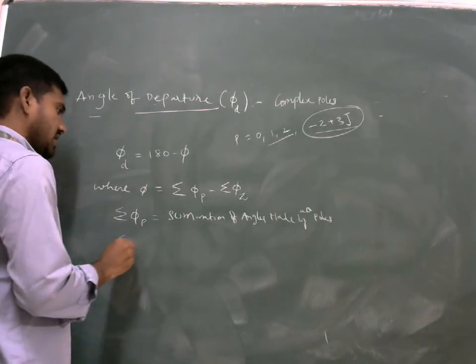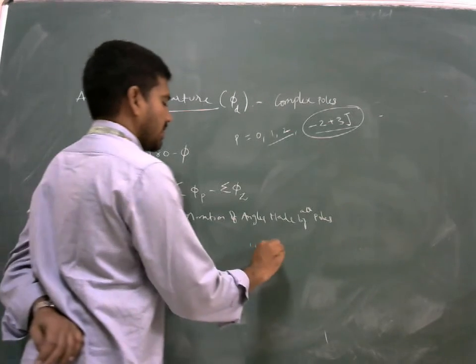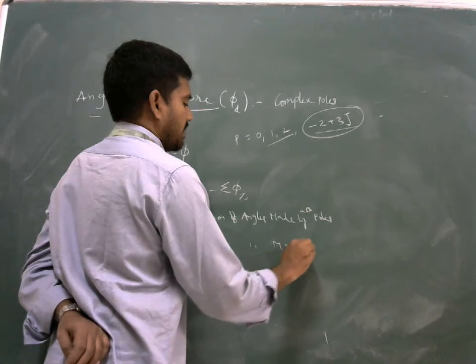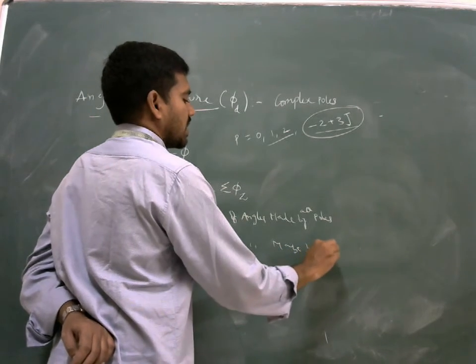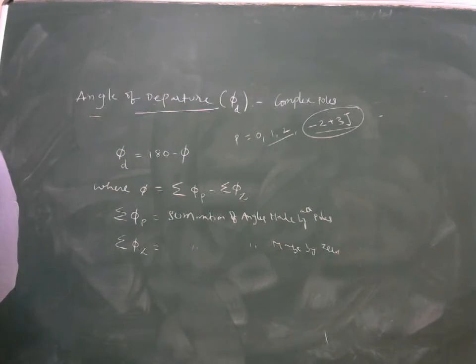Next, sigma phi z is the summation of angles made by zeros. And next we have the angle of arrival.